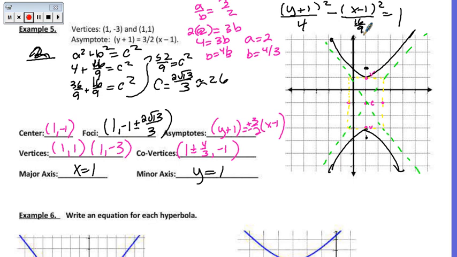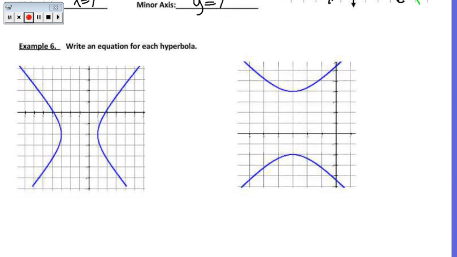So last thing we want to do is to be able to look at a graph and then try to write the equation of it. You're going to have to do a little bit of guesstimating with this method here. Let me switch colors because the graph is blue. The center, so we got a vertex here and a vertex here. That's going to put my center right at this point here. So I know my center is at -1, -2.